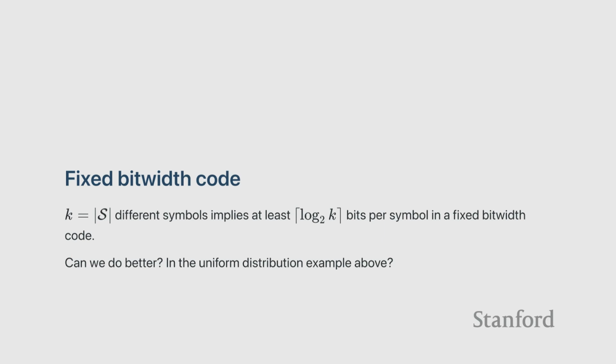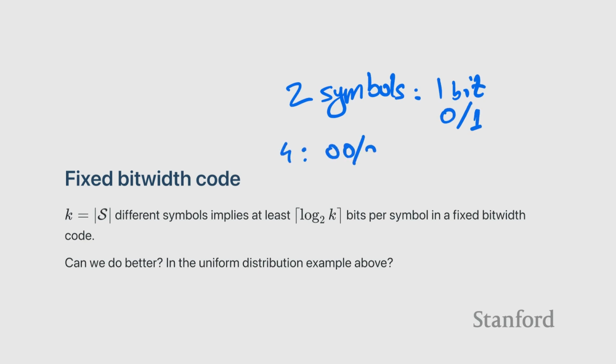If you have 2 symbols, you just need 1 bit, right? Because 2 symbols means you have just 0 or 1, right? If you have 4 symbols, we already saw: 0, 0, 0, 1, 1, 0, 1, 1. If you have 8 symbols, then you could do 0, 0, 0, 0, 0, 1, 0, 1, 0, and so on.